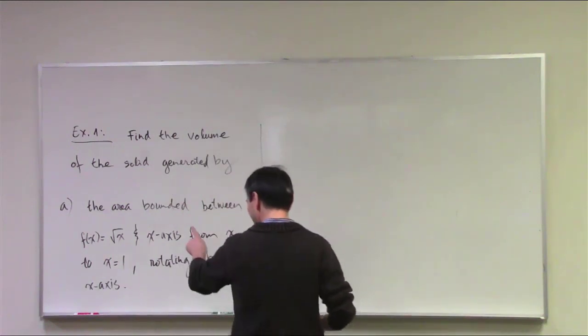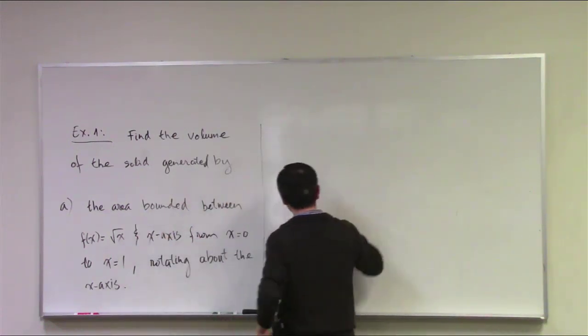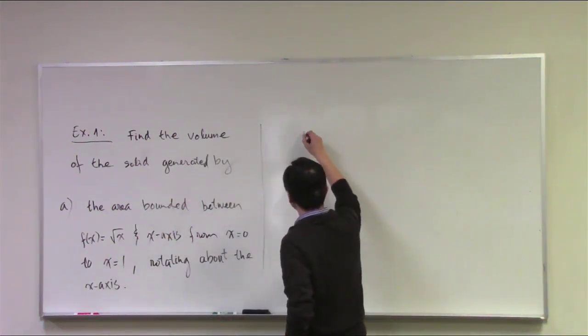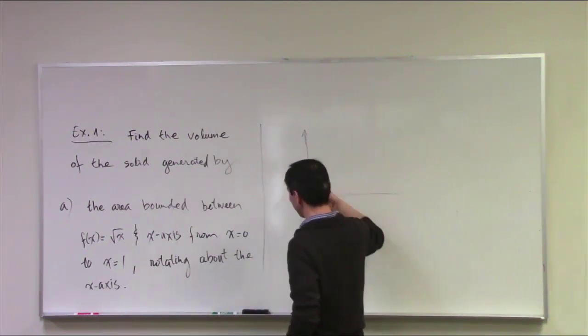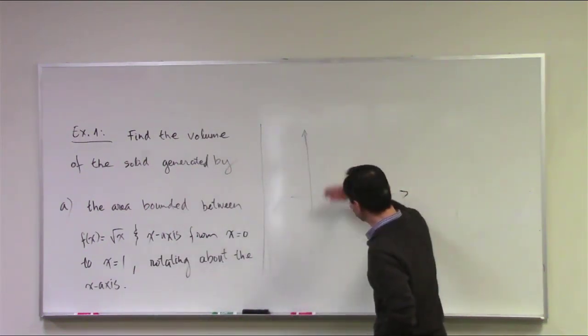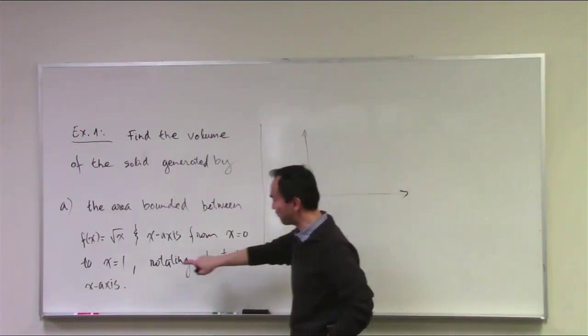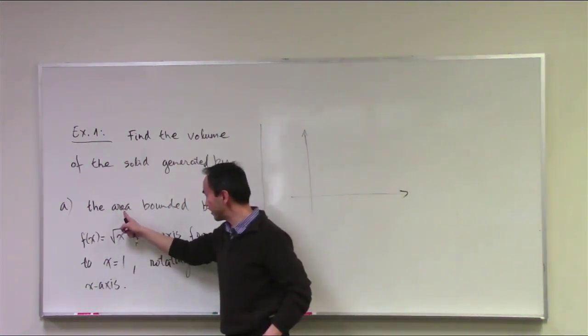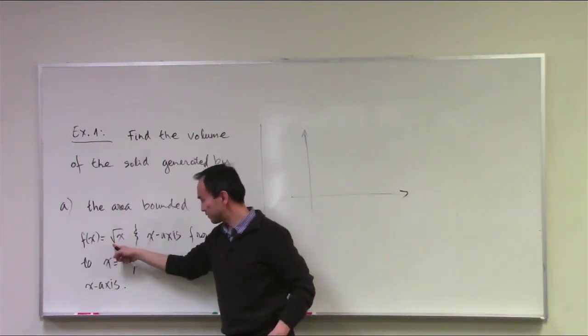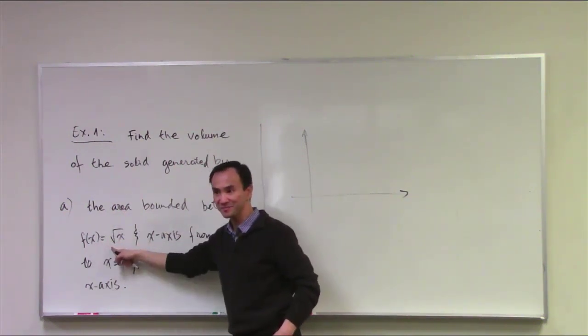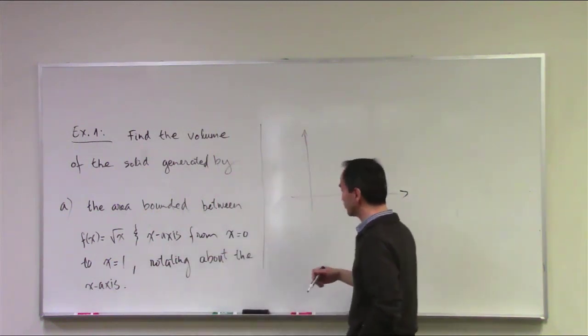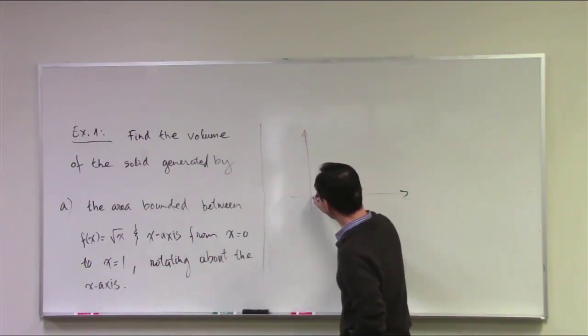But let's sketch the description of the area. The idea is that we've got some area, and we're going to rotate that area around the x-axis. The area is bounded between the function f of x equals square root of x and the x-axis. So let's go ahead and draw that. The square root function is simply just that.